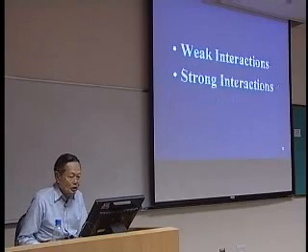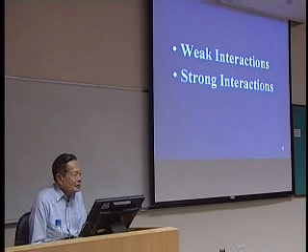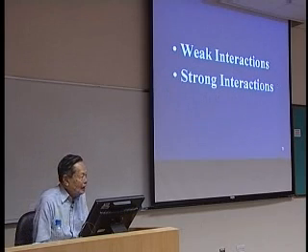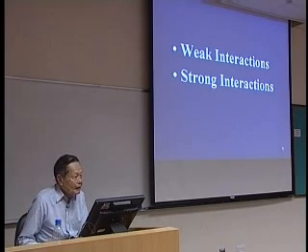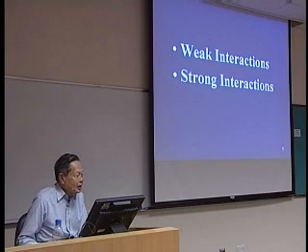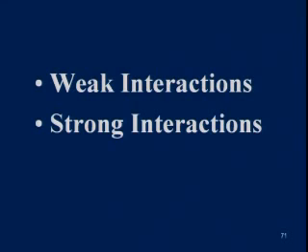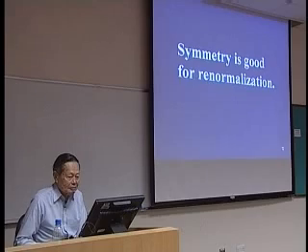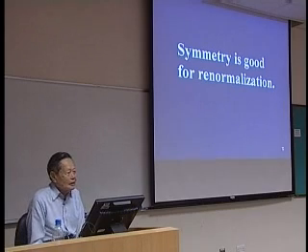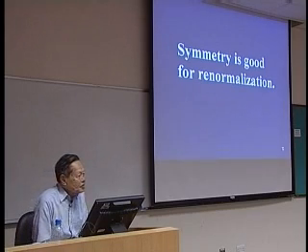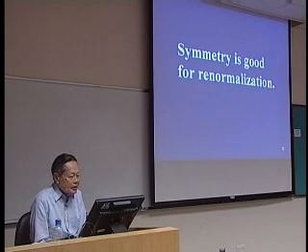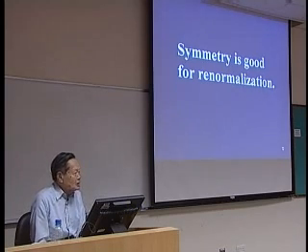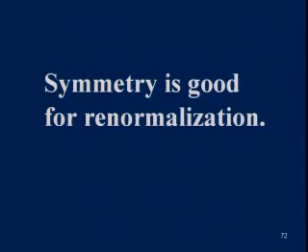And that led to what is now called the standard model, which is a symmetry-breaking version of non-abelian gauge theory for weak interactions and strong interactions. The reason that non-abelian gauge theory is good is because the symmetry is good for renormalization. This is an important statement.